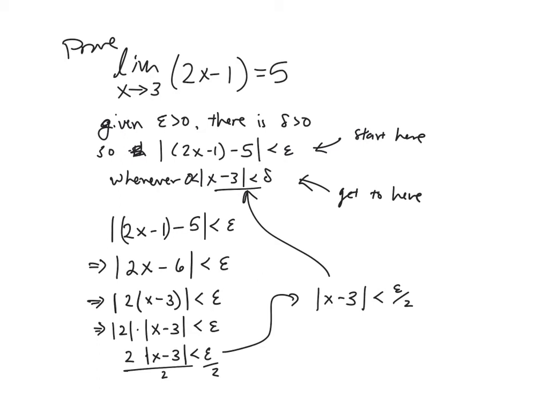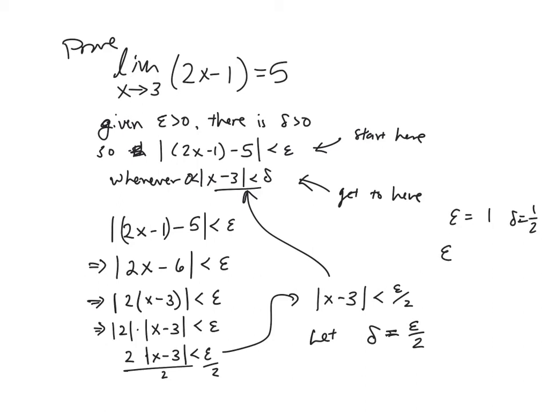So now I have this absolute value of x minus 3. I wanted it less than delta. So I'm going to say, let delta equal this epsilon over 2. So whenever somebody says, here's an epsilon of 1, I would say, okay, delta equals your epsilon over 2.